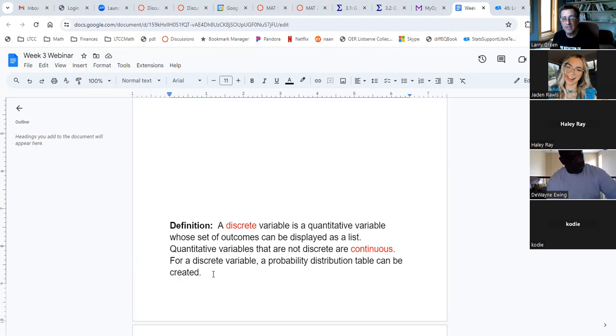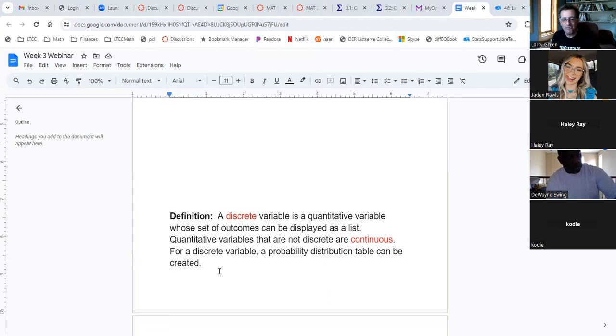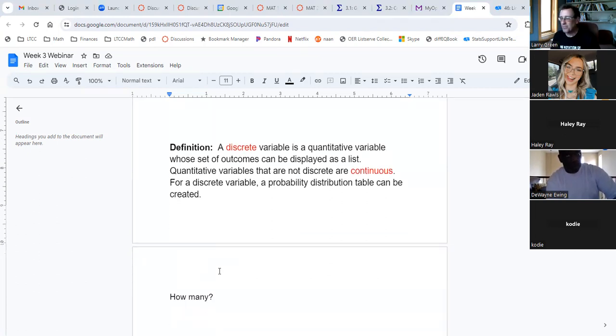A discrete variable or probability distribution table can be created. That's really important. Funny thing is, I didn't learn this in America even, but I actually taught English as a foreign language when I was in Japan. And then I had to understand the difference in the way we say things and the way the Japanese say things. And that's when I realized that a discrete variable has a specific way of talking about it, and that is how many.